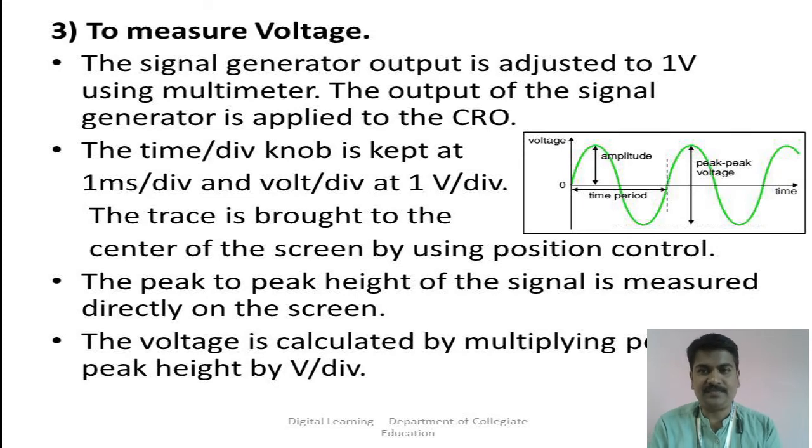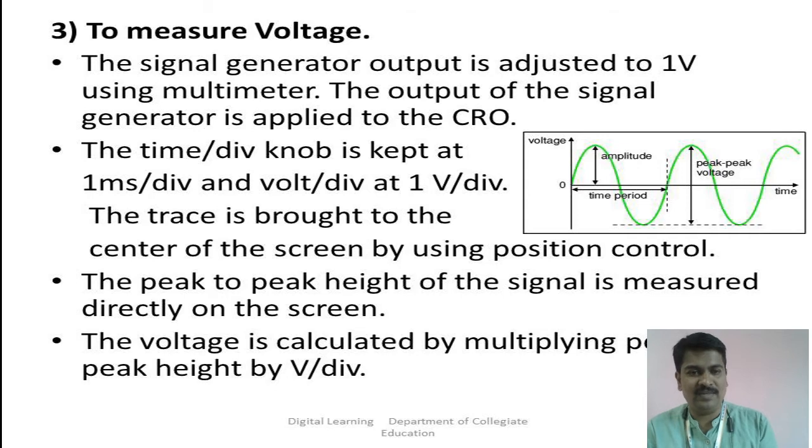Ideally we keep the time per division knob at 1 millisecond per division, and the volt per division knob at 1 volt per division. After that, the waveform trace is brought to the center of the screen.